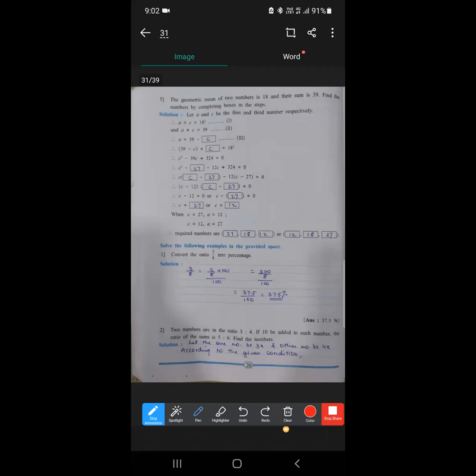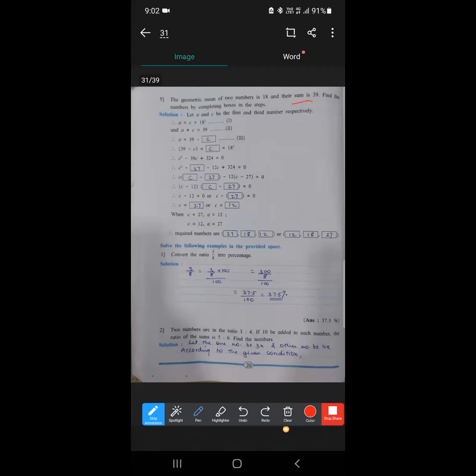So the geometric mean of two numbers is 18, and the sum, which means addition, of the numbers is 39. This is a word problem and two conditions are given. With the help of these two conditions, they have given the solution and you need to fill up the boxes.